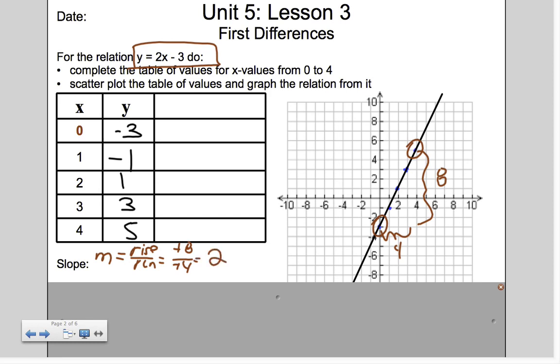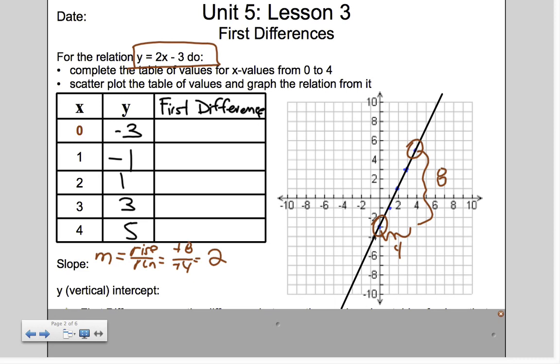Now what I want you to do on this one, we're going to calculate first difference. Well, actually, before we get there, there's one other thing that I want to talk about. If you have that third column, label it as first difference for now. Now notice I have the x at 0.